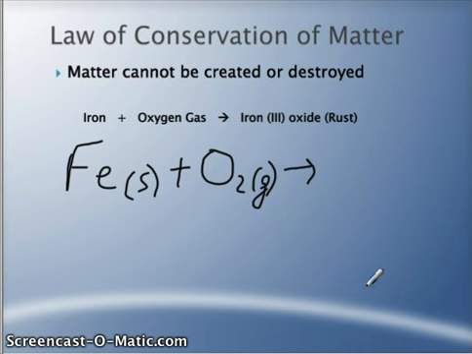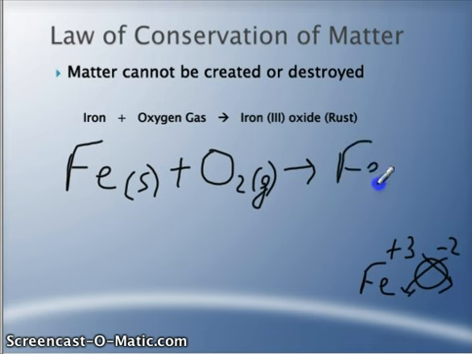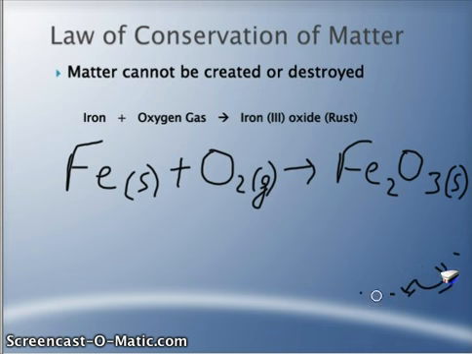So just to remind us, iron 3 means that iron has a +3 charge, oxygen has a -2 charge, and we crisscross it and we're going to get Fe2O3, and that's basically what rust is. So this is our equation, and we are going to see what that actually means.